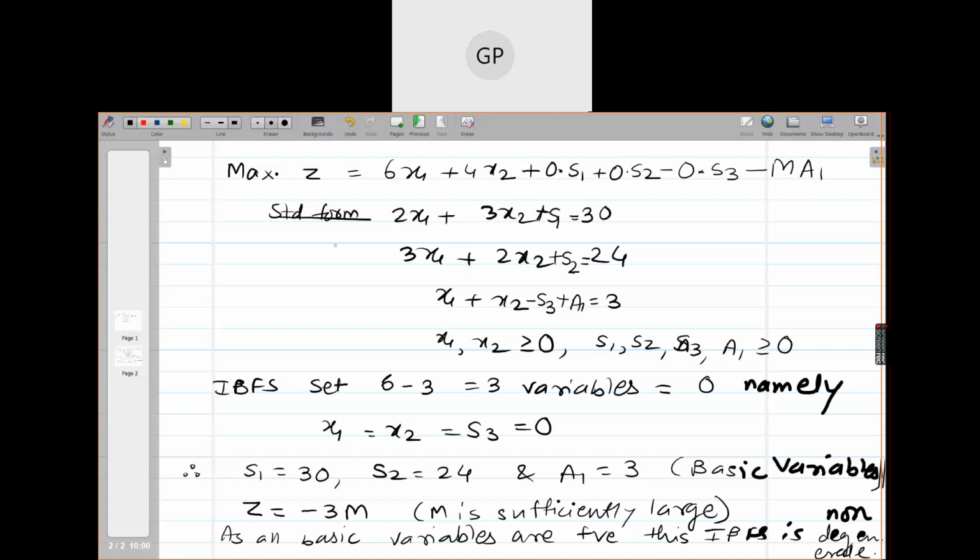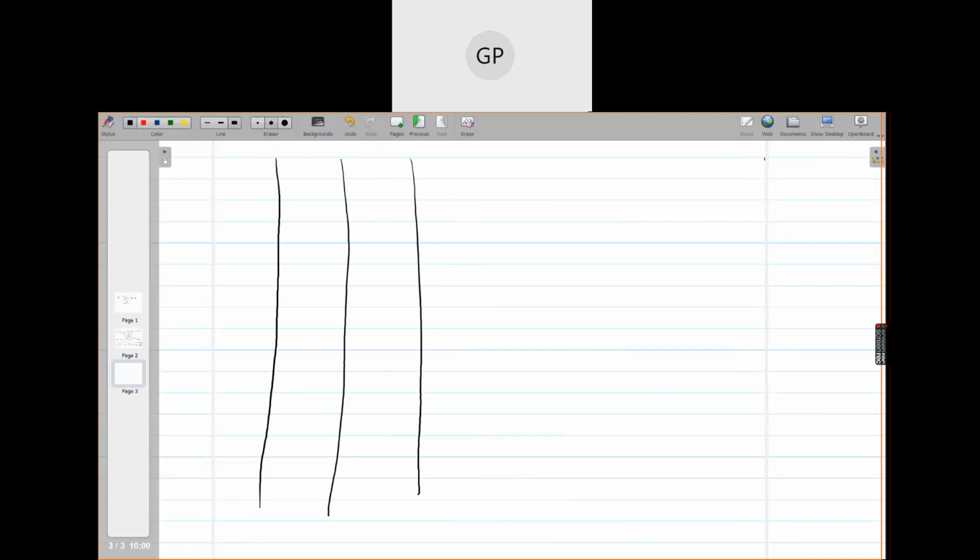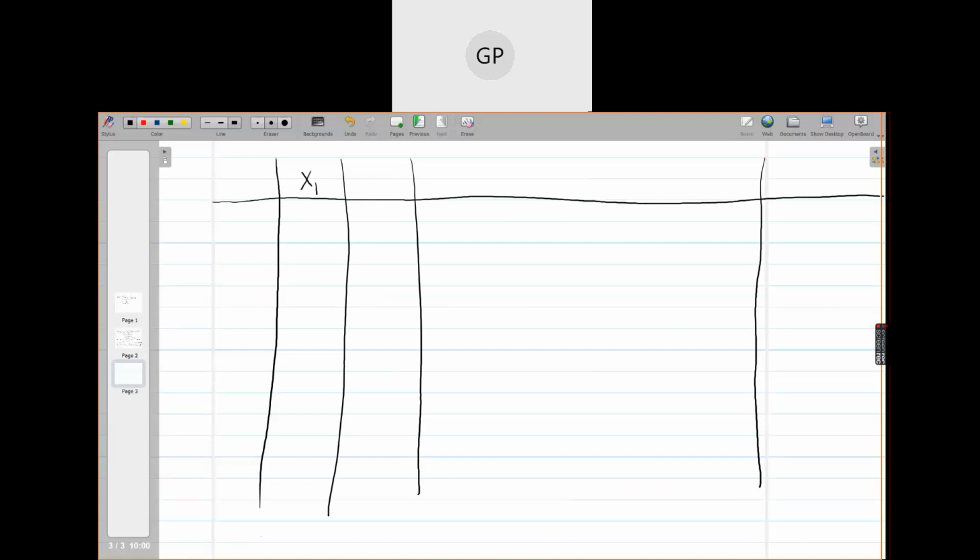Yes. So let us quickly construct the table. First, second, third, okay, so these are my basic variables. Their coefficients in the objective function. These are my Cj values. This is solution.